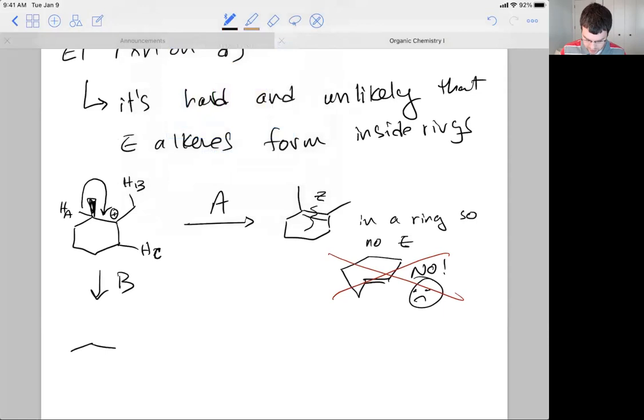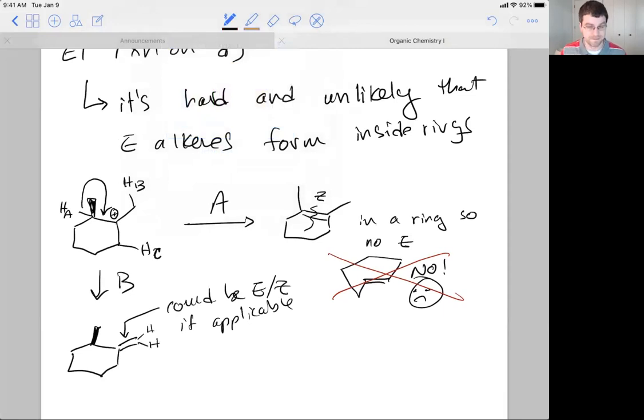Product B, we're going to see the alkene sit outside the ring. And if we had a more complicated substitution pattern, we could have this be E or Z if it was applicable. It's not applicable in this case because there are 2 hydrogens attached.